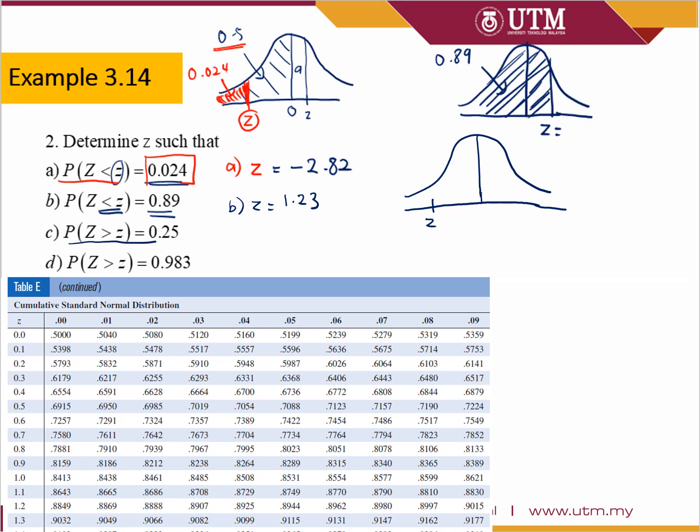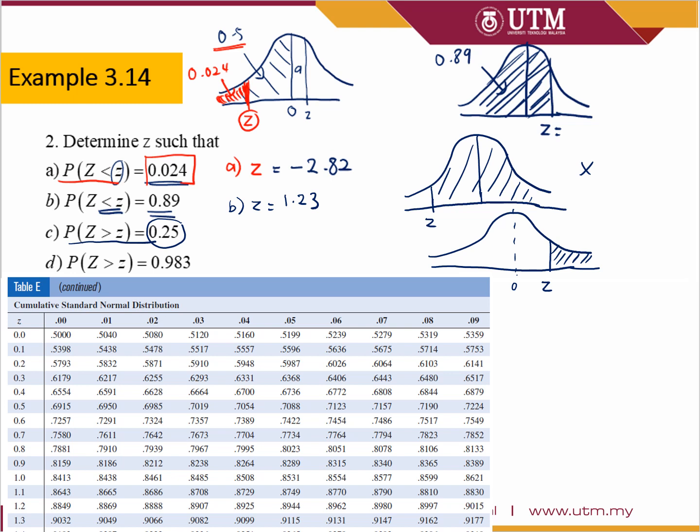Given that, here you can see the area is less than 0.5. So this one is impossible, which is wrong. The z should be less than 0.5, so it will be on this side, on the right side of 0.